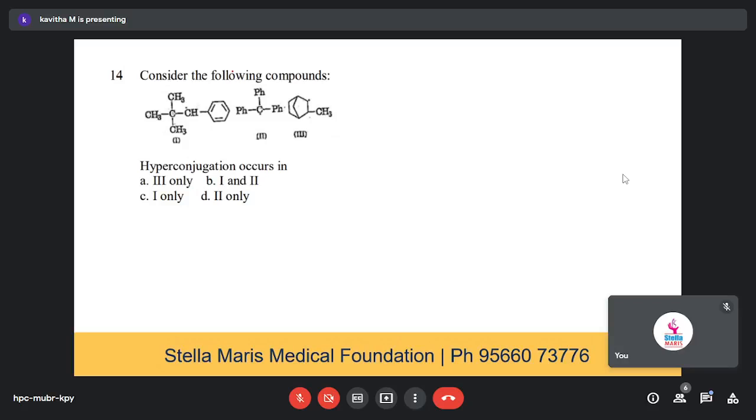In the second case, there is no alpha hydrogen itself, so the second is not the answer. So the answer is C for this, one only.